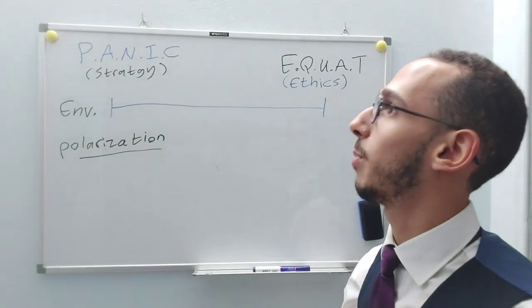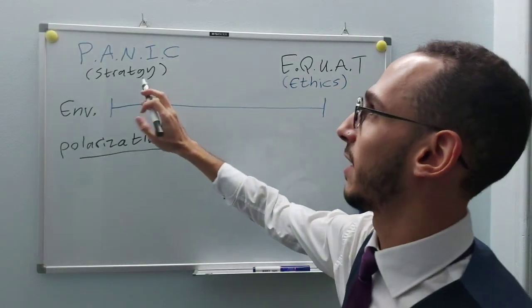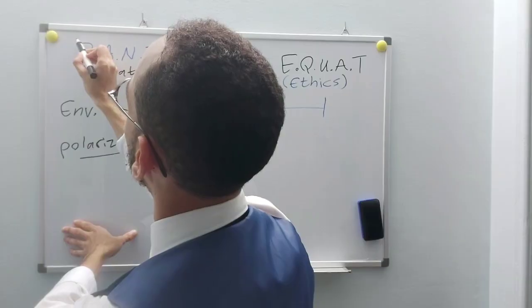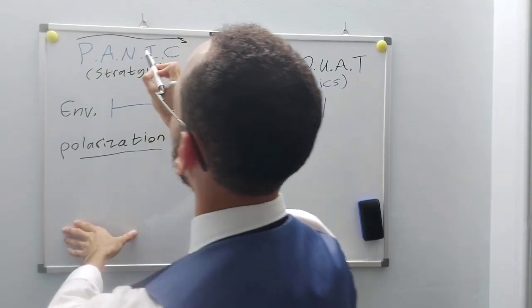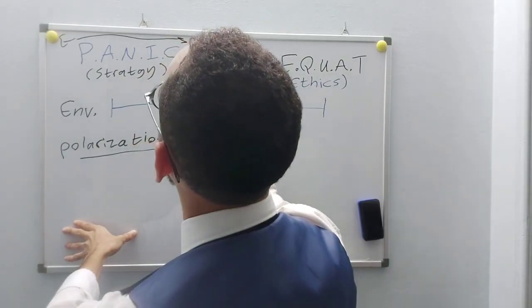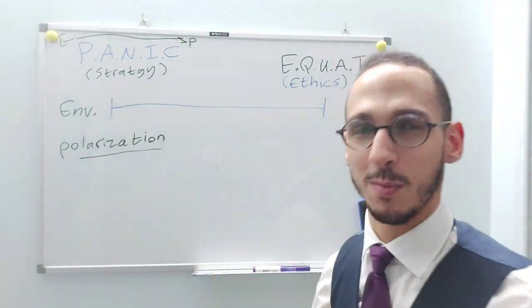So polarization operates on your environment, right? Mainly. And by the way, within the P.A.N.I.C model, as you move from left to right, it's going to go from operating on the environment to operating more and more on you, right? Just remember that, because it's very important.